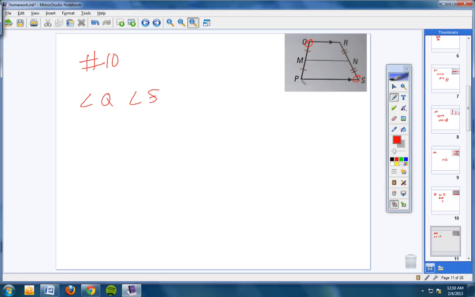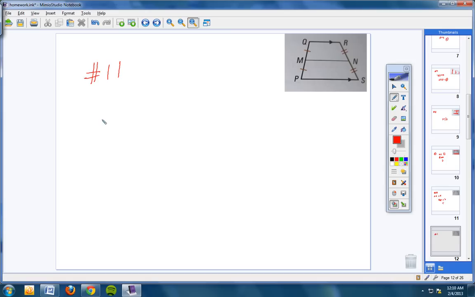Remember, base angles have to run along the same base. So P and S are base angles, or Q and R are base angles. But angles Q and S, they're not base angles. They're opposite angles. And doesn't that make sense? I mean, they're across, they're opposite angles, and that would be letter C. Letter C. Okay, let's go on to number 11.